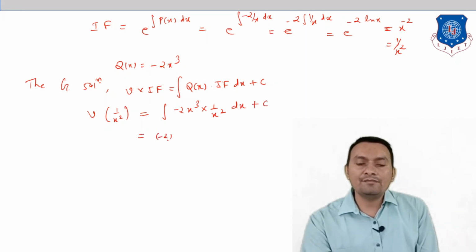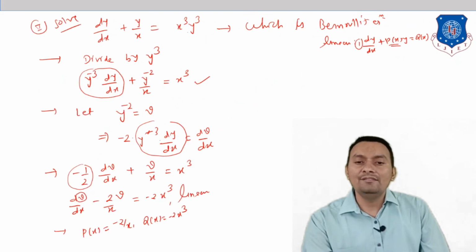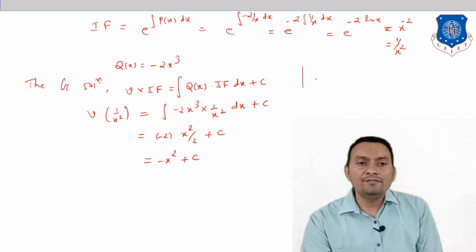After simplifying, what you will get on the integration will be x square by 2 plus c. So what you will get is minus x square plus c. But v is what exactly? What we have taken, that v is nothing but y raised to minus 2.